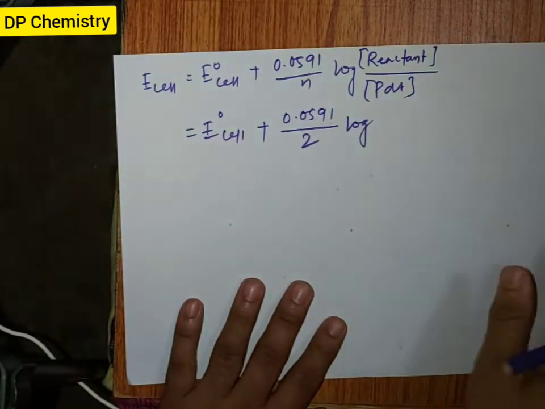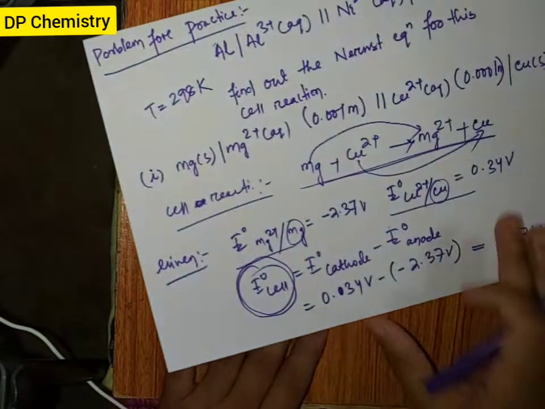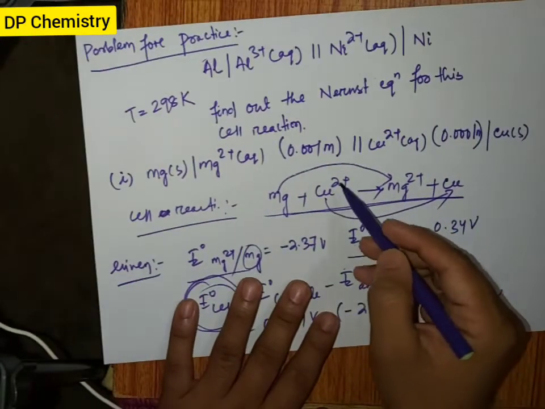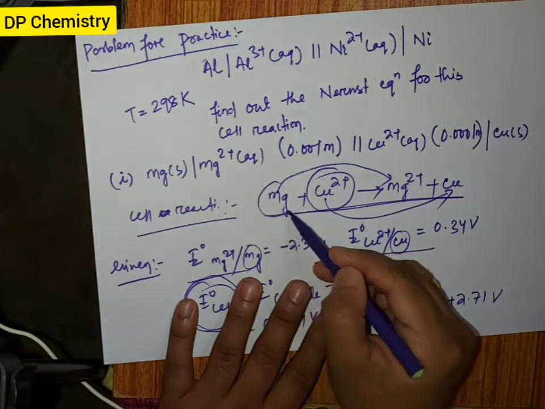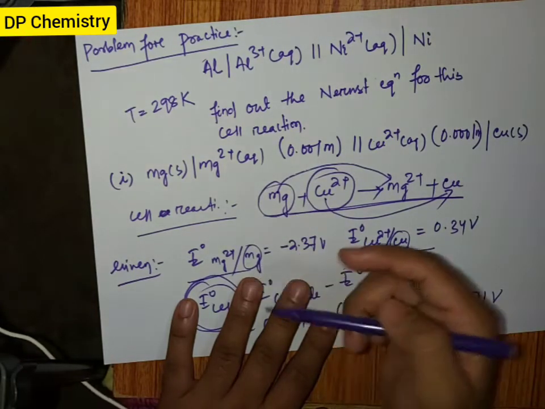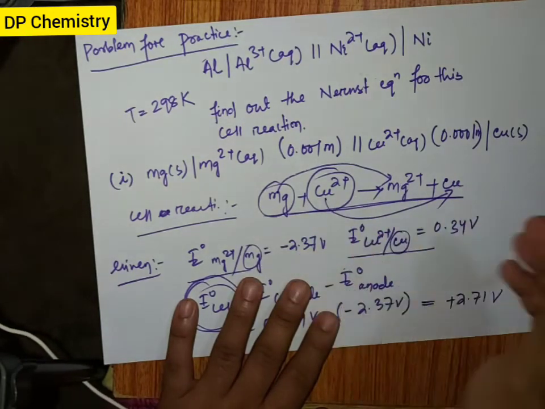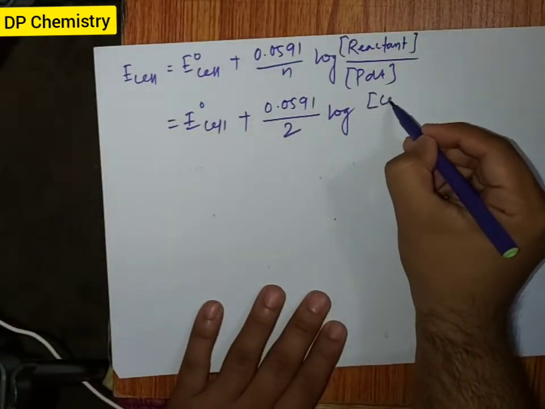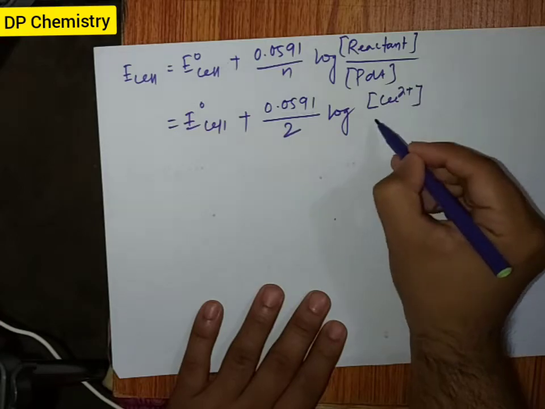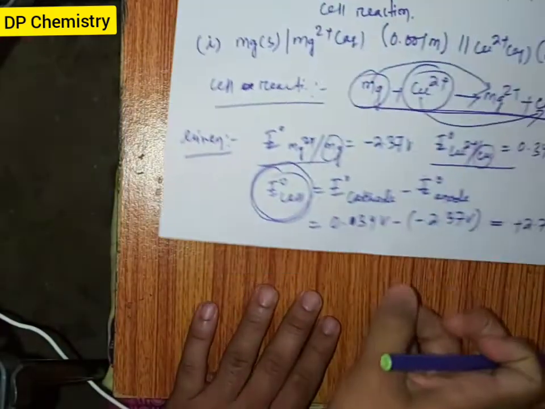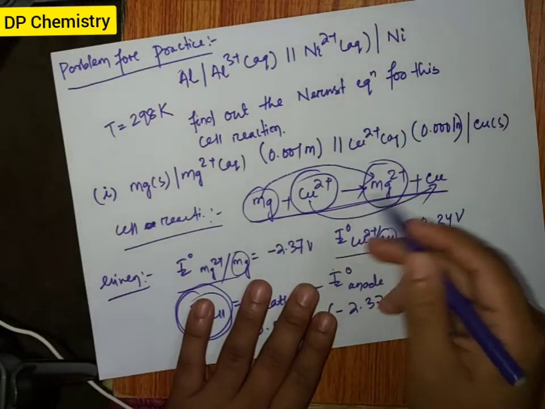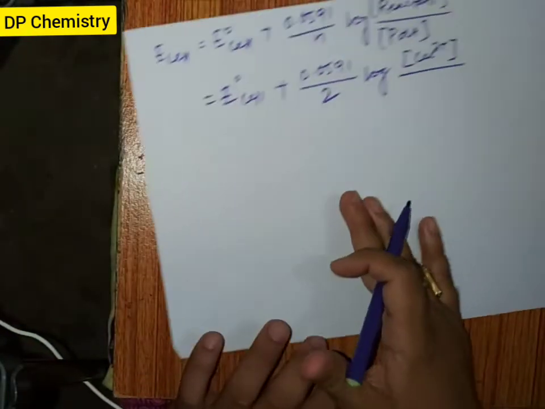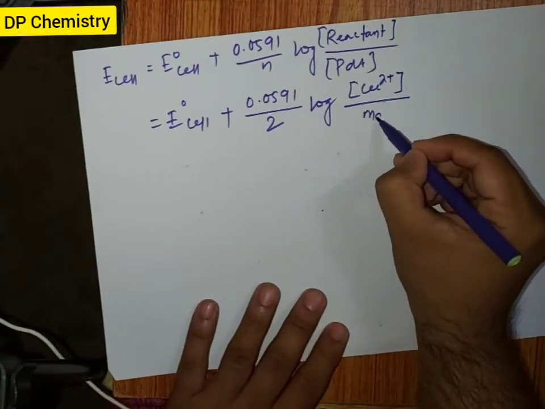Log of the concentration of reactant. The reactant is Cu2+. We are not taking the concentration of Mg because it is 1. So the concentration of Cu2+ divided by the concentration of Mg2+, that is the product.